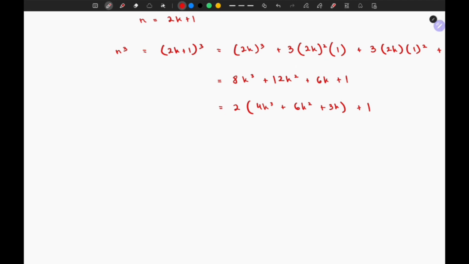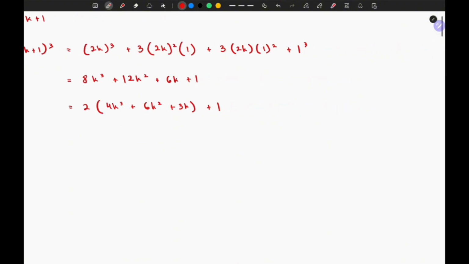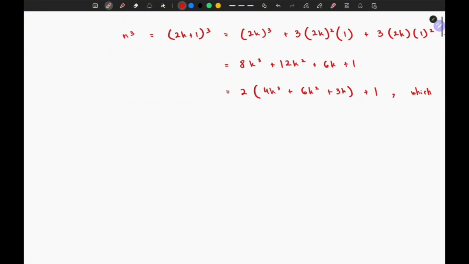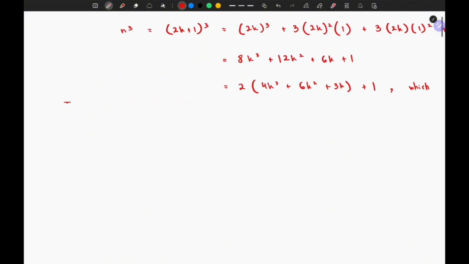So at the end, we can conclude that this contradicts our assumption, or you can just write it like this: which is not even. And then you can jump to the conclusion. Thus, this contradicts our assumption.